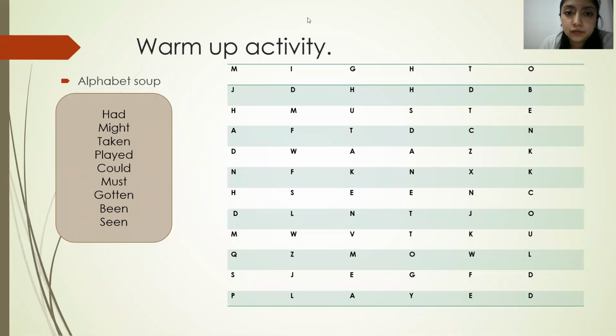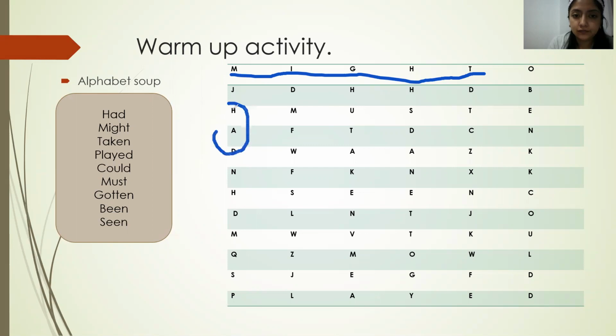So the students have to discover where the words are. For example, might is here. Okay, had is here. And we have to know that another is played in past participle. Taken is here and here.